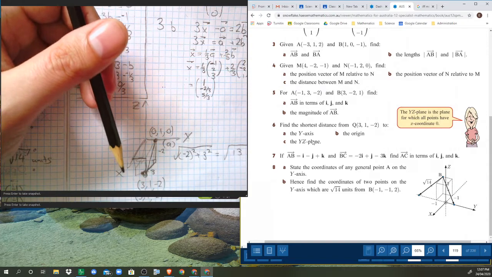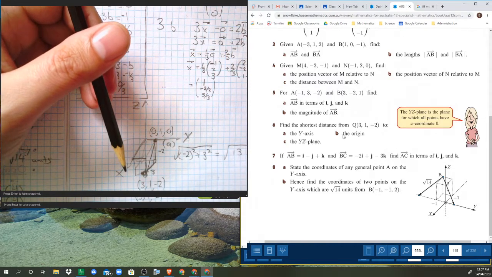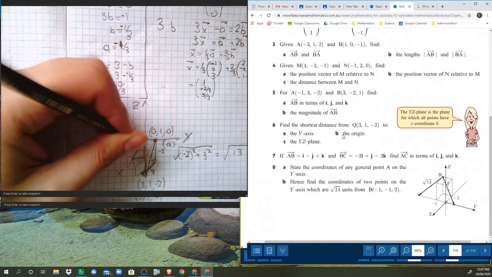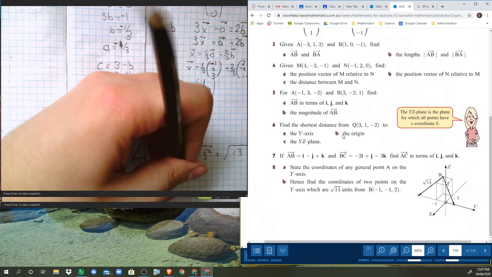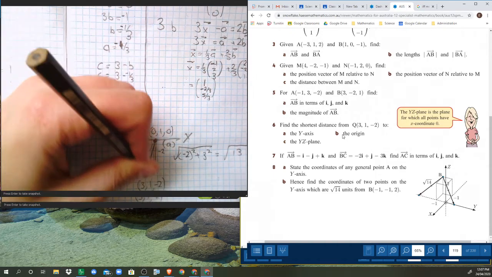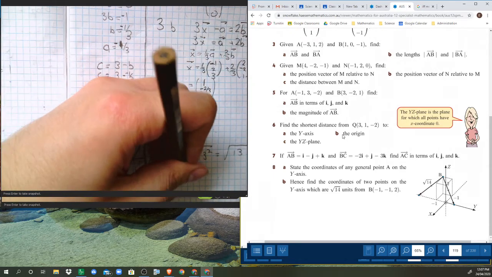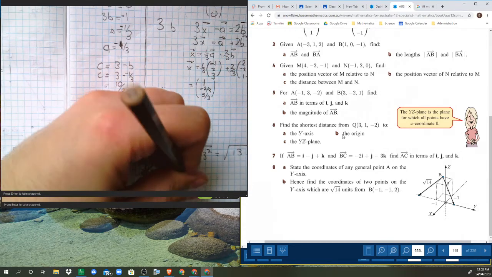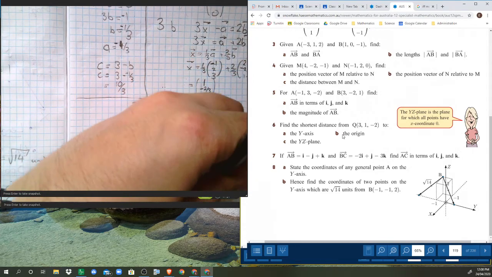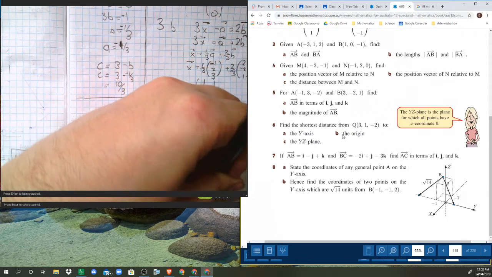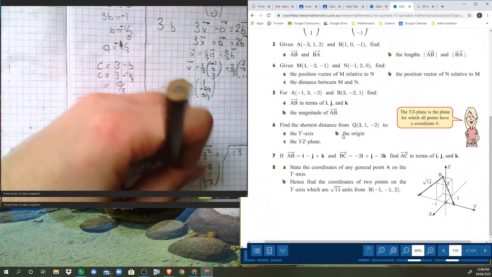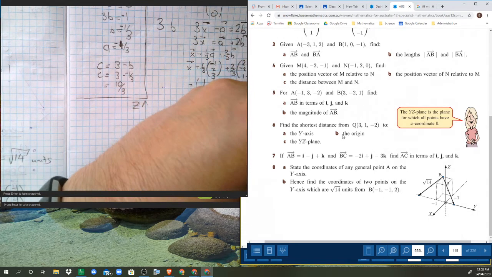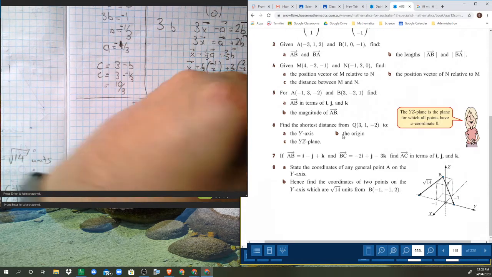All right, so what about the origin? If I take it from the origin to that point, OQ is the vector 3, 1, -2, and its length is 3 squared plus 1 squared plus -2 squared.